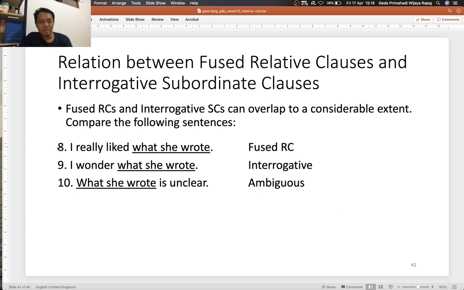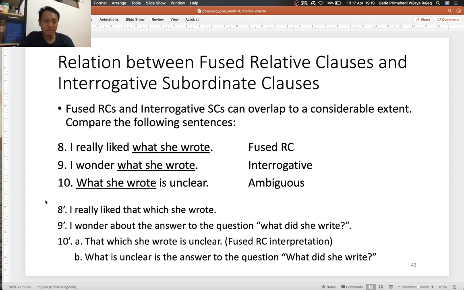Examples 8, 9, and 10 show how they may overlap. 8 and 9 are clear-cut examples of fused and interrogative subordinate clauses respectively, but example 10 is ambiguous in terms of interpretation. "What she wrote" is unclear as to whether it is a fused relative clause or an interrogative one. The interpretation can be both.